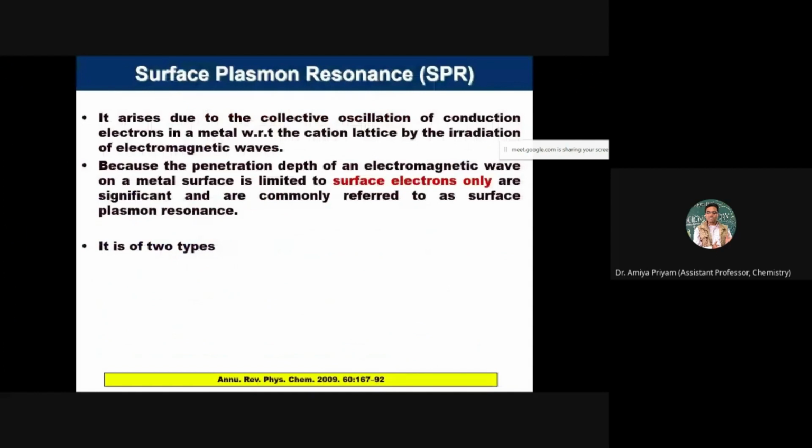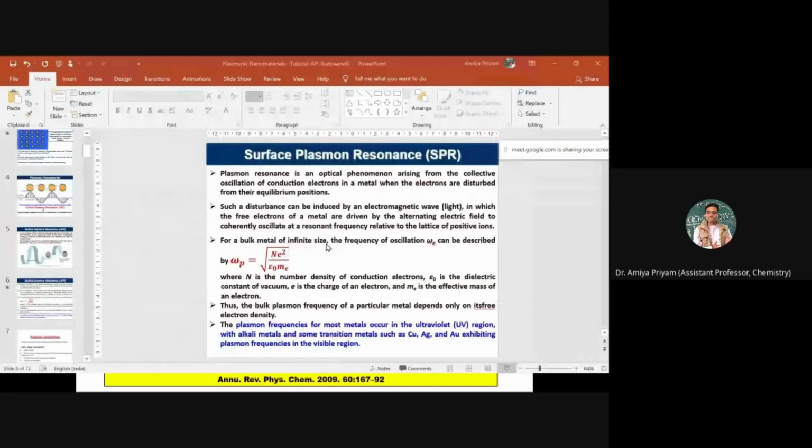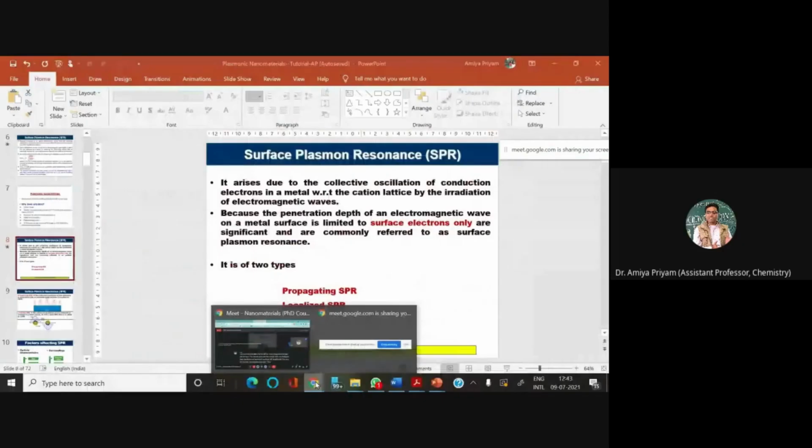Then this one. So it so happens, as I told you yesterday also, only the surface electrons will be affected, and so you don't have to consider the whole crystal, although electrons are delocalized throughout the crystal lattice.